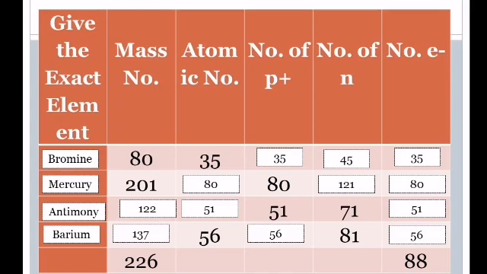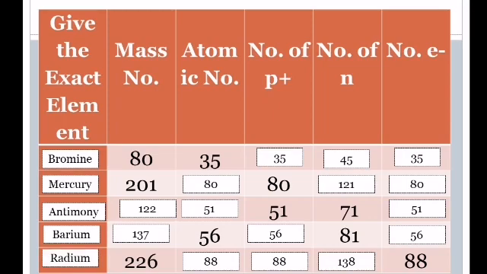So you have barium. Next, for the last element, you have 88 for the number of protons, atomic number 88. For the number of neutrons, you have 138, and you have radium for the element. Okay, congratulations, you got all the correct answers. Good job.